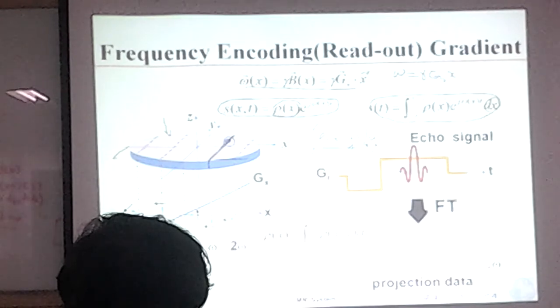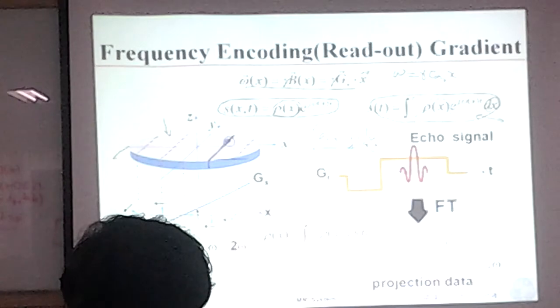So this is also a 1D Fourier transform equation, right? Yes. So the rho x can be obtained by the inverse Fourier transform of s t.